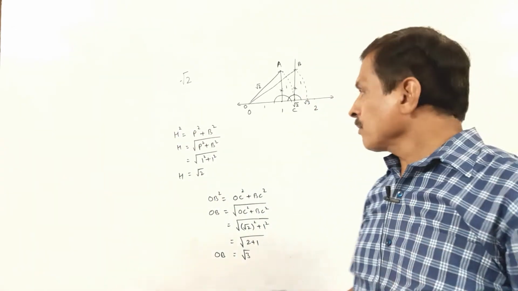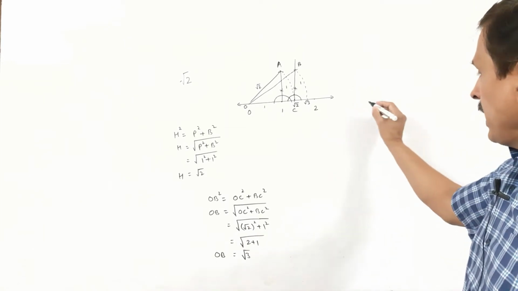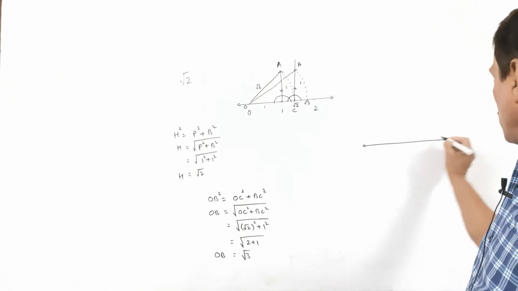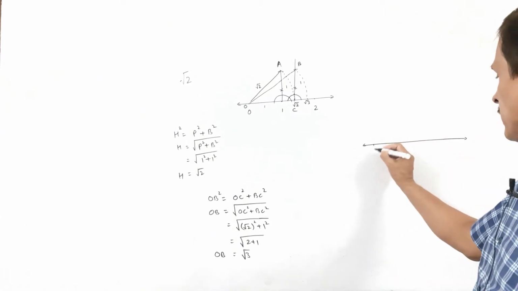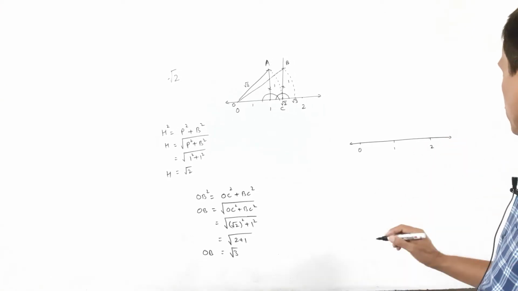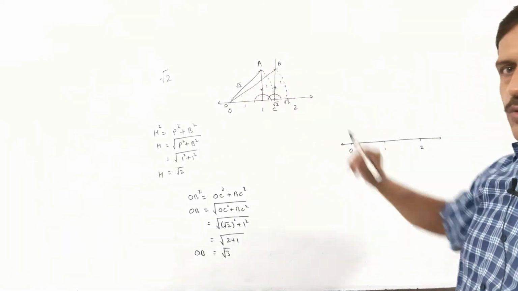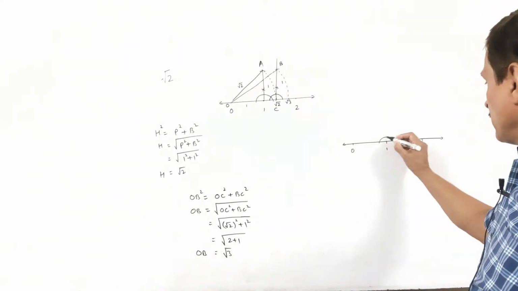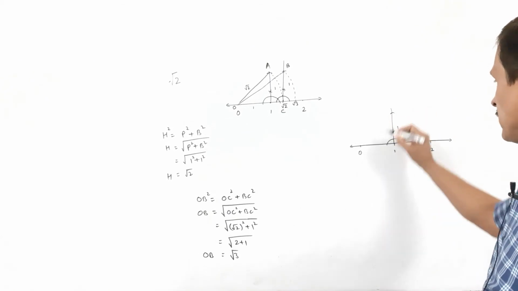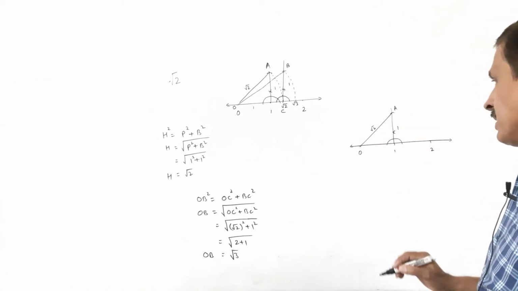We can use another method. In this method we draw a number line, and first of all we obtain this OA, which is equal to root 2 unit length, by drawing a perpendicular, then cut an arc of 1 unit length and joining this OA. This is of root 2 length.